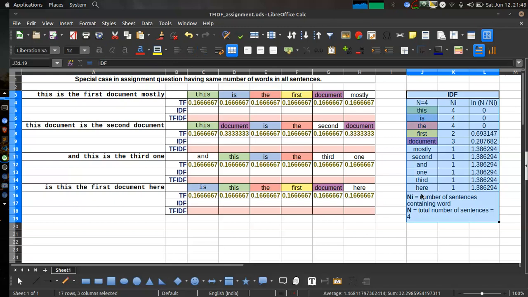You are just using 4 by 1, 4 by 2, like that only, right? Log of 4 by 1, 4 by 2, exactly, ln 4, yes. So here 4 is constant, right? This n_i will only change, the number of sentences containing the word. So now we have idf for each word, right? And you can save it in a Python dictionary.